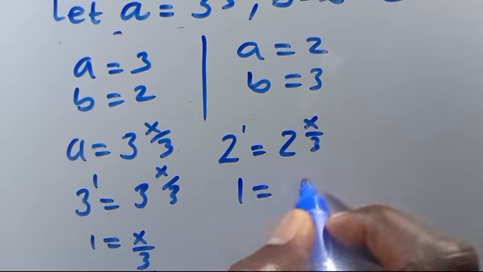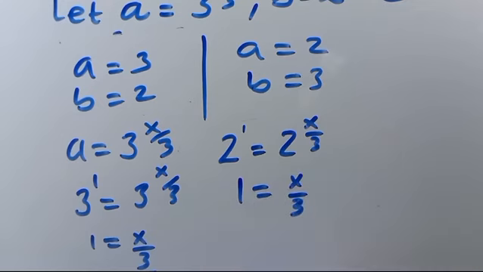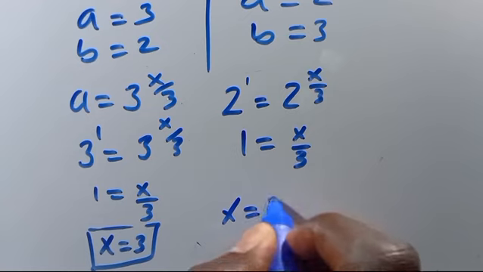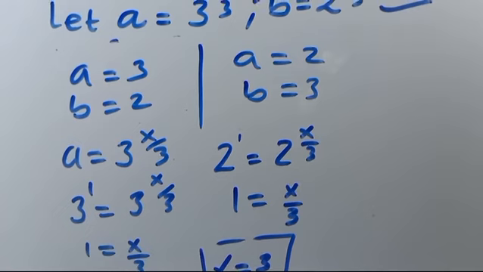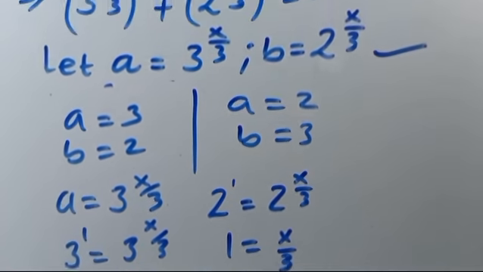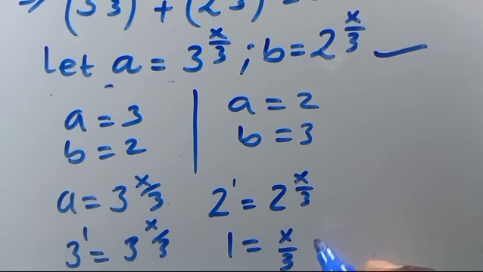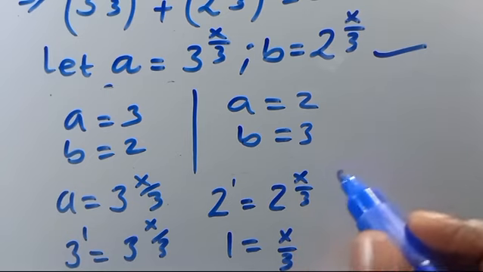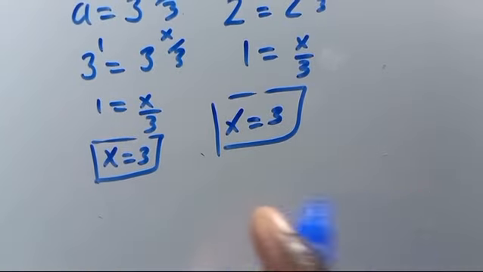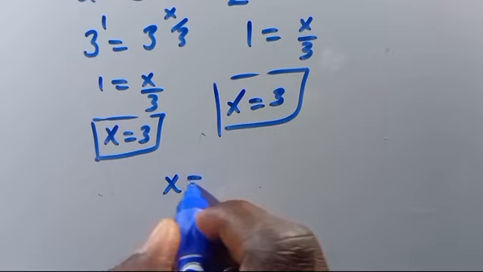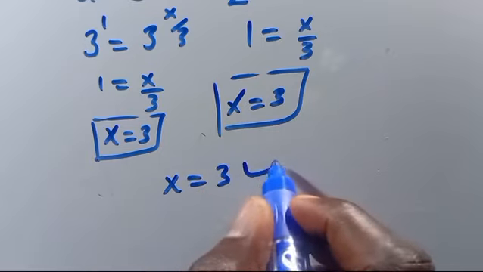So we have 1 equals x over 3. Then x also equals 3. Meaning that these two equations are satisfied. So, if we are to consider the second one, there's no solution in this. So therefore, x equals 3 is the answer.